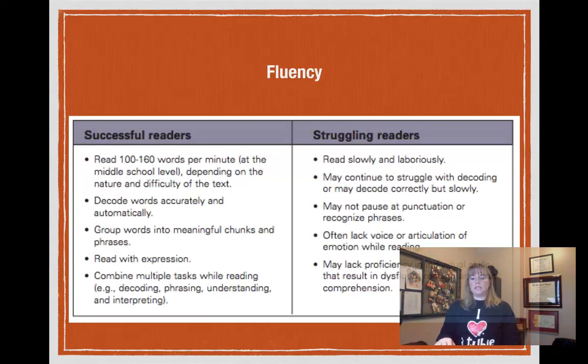Okay, so fluency is the other big thing that can affect our students in the secondary classroom, right? What is fluency? Well, fluency is really how quickly we read, how quickly we decode, okay? So successful readers are going to read between 100 and 160 words per minute at the middle school level, okay? Kind of depending on the text they have.